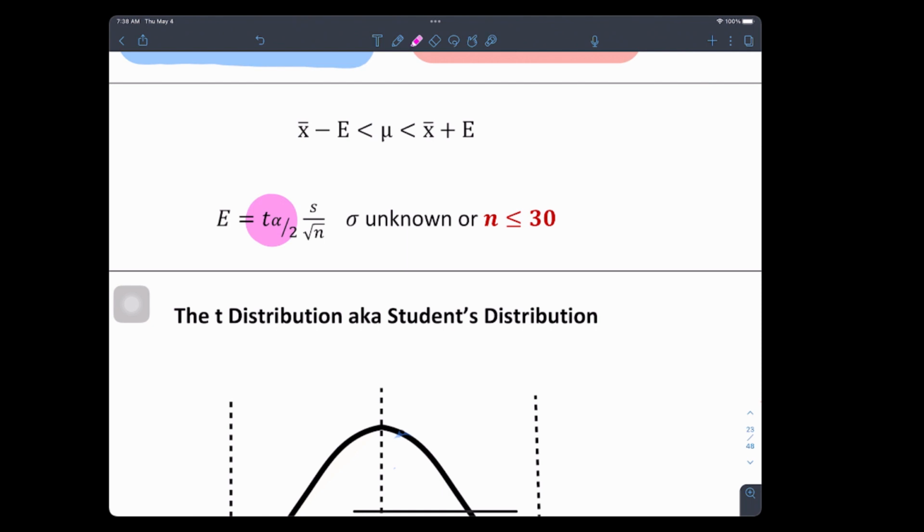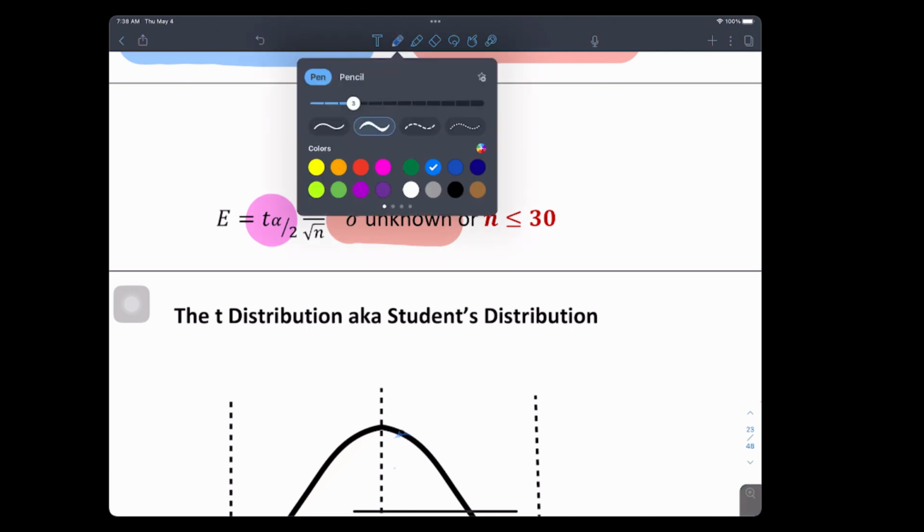Now, this is kind of realistic. What's realistic is sigma is unknown. So if our sigma, the population standard deviation, is unknown, then we use the t distribution, or if the sample size is no more than 30, if the sample size is small.